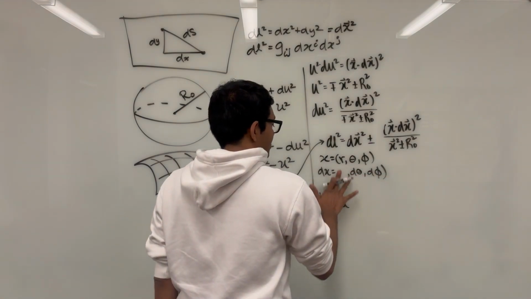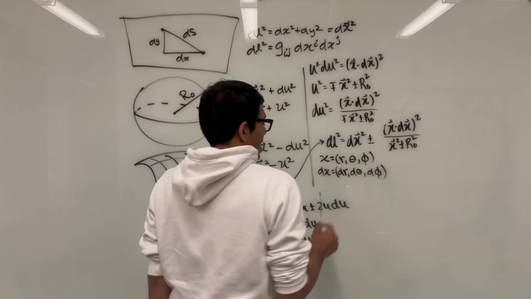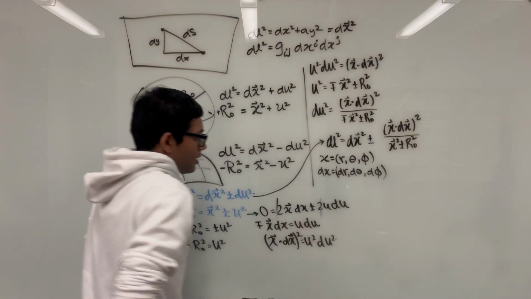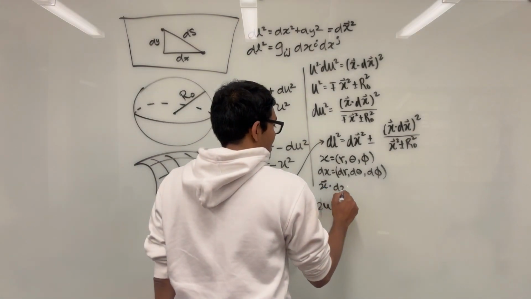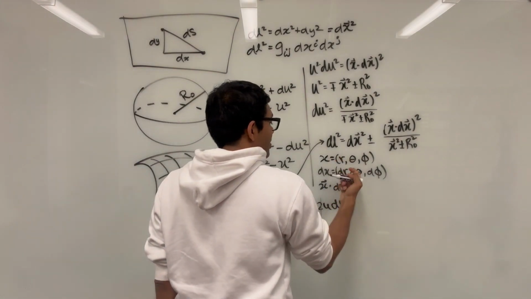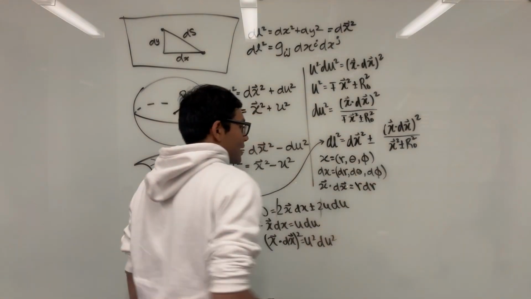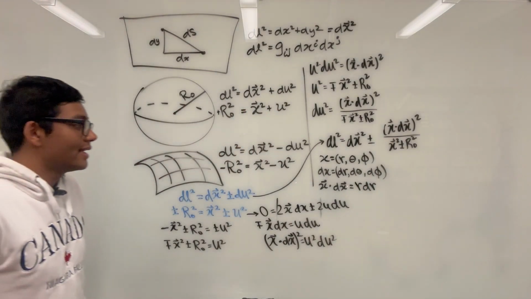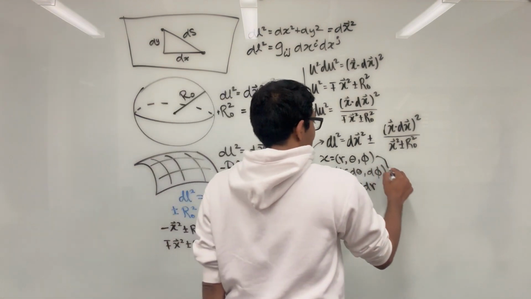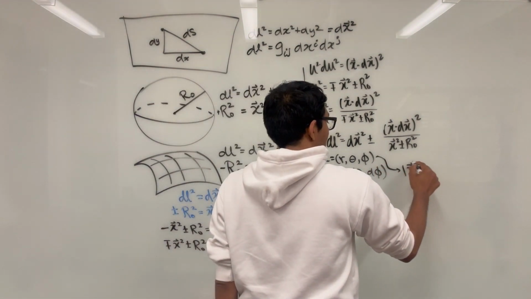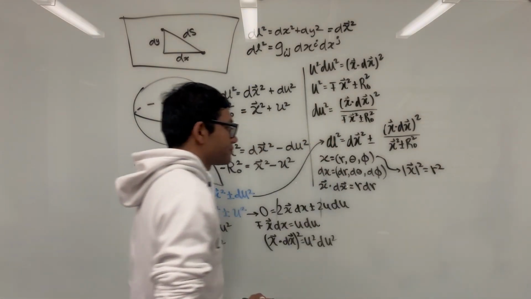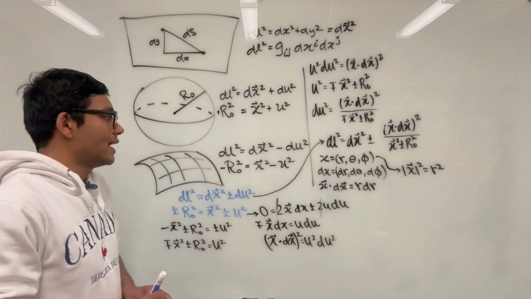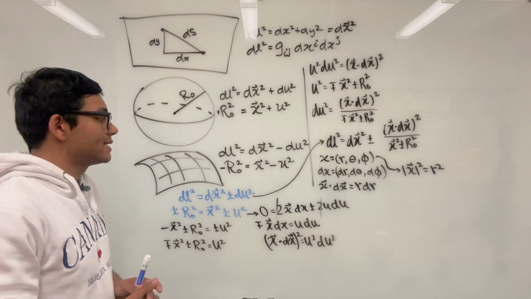And finally, now that I've got these two, I can take the dot product of x and dx, and that gives me simply r dr, neglecting the angular coordinates. And what about the magnitude of x squared? Well, that's simply going to be r squared, right? Okay, great.